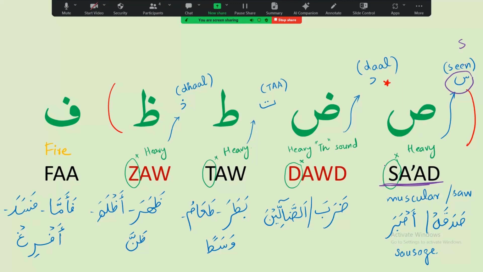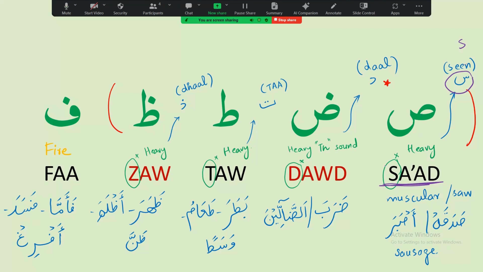So the first one was sa, si, su that we have already covered. That was very simple, very natural. This one is a bit heavy, so we put some effort to make it heavy. The name is sad, and the way I'm starting the sound of it is heavy.